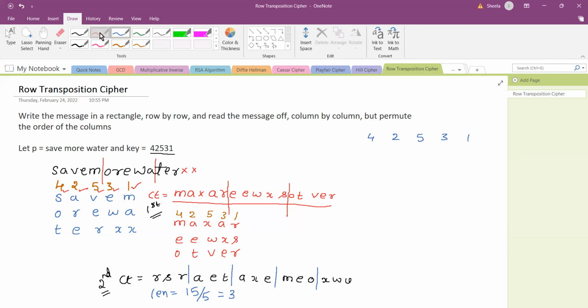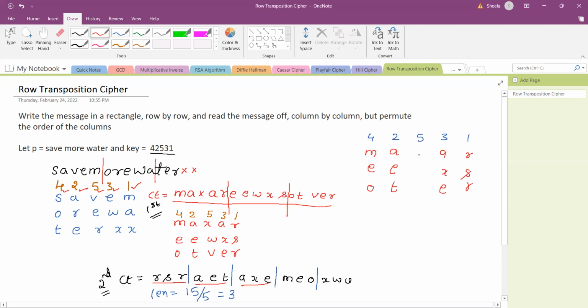The first segment RSR goes under column number 1. The second segment AET goes under number 2. The third, AXE, is written here. Then write column by column M, E, O, and then X, W, V. After writing column by column, read row by row.